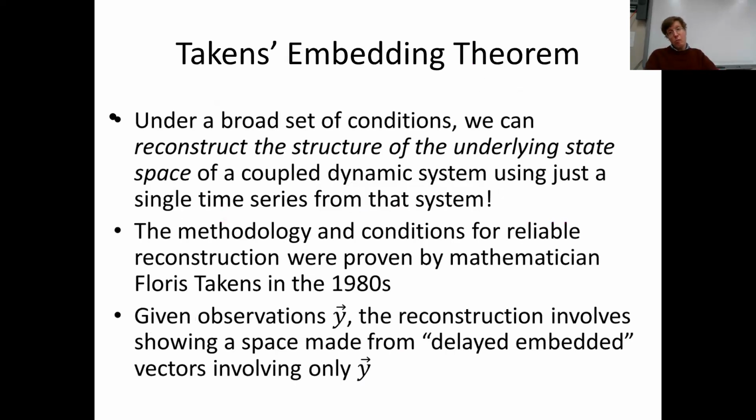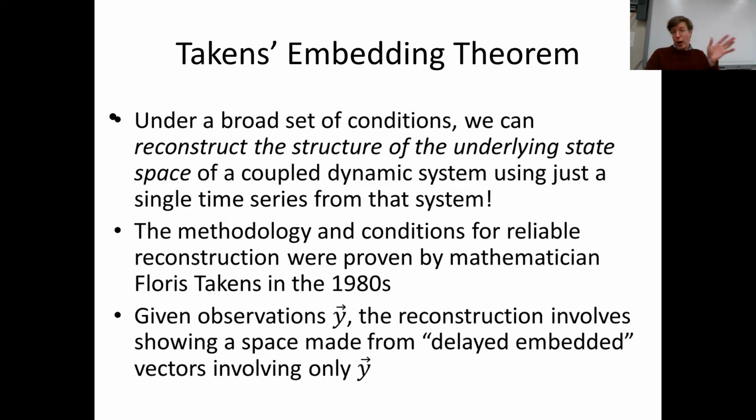Now, we're not going to have time to cover this now, but I'm going to show you something that's profound. This was proven in the 1980s by the mathematician Floris Takens, and it rightfully carries his name: Takens embedding theorem.